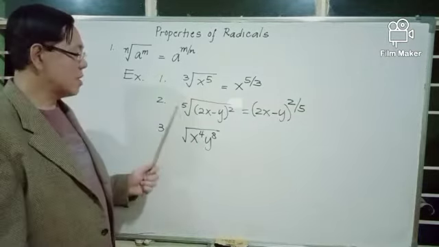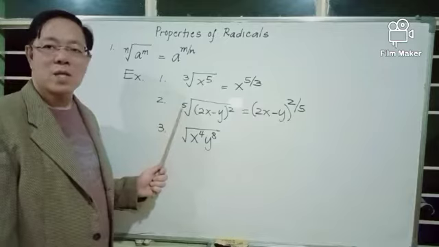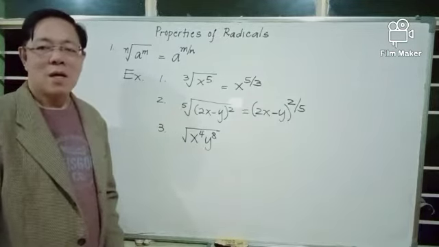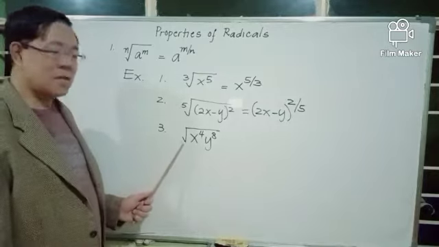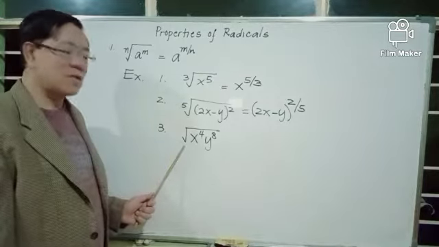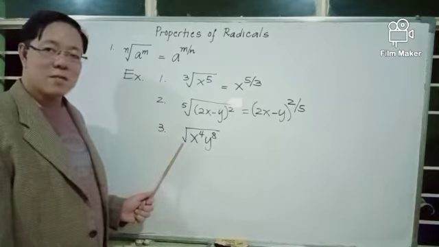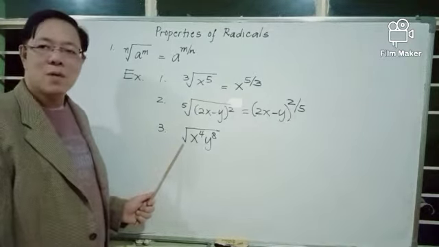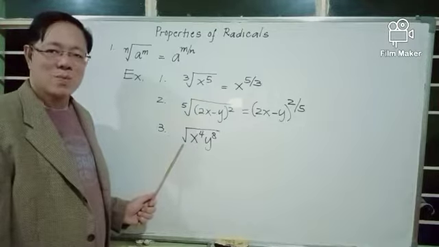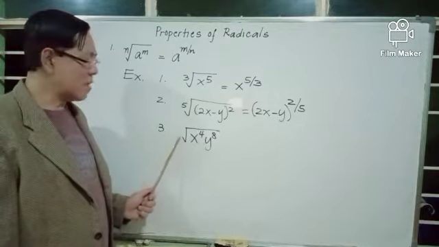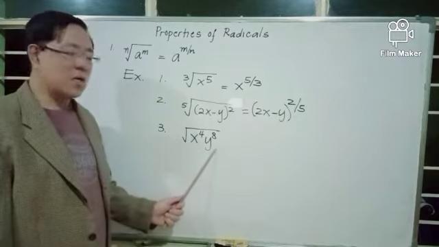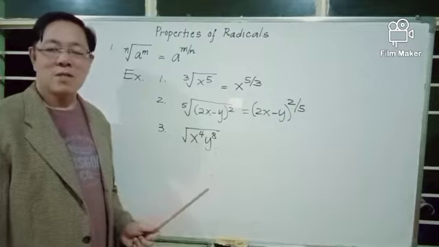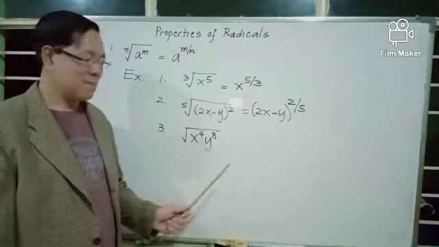We only write the index if the index is more than 2, that is from 3, 4, 5, and so on. It's understood that if the index is not written in the radical expression, the index is 2. And the index 2 indicates the square root of the radicand.